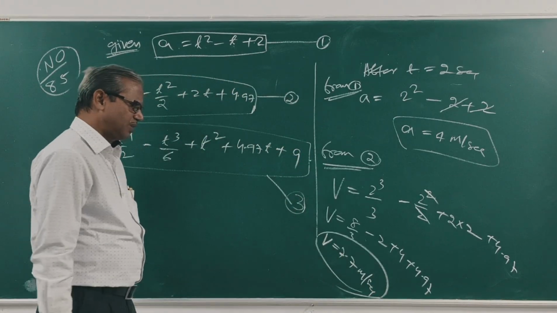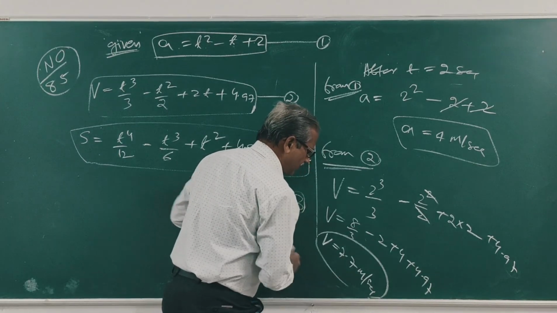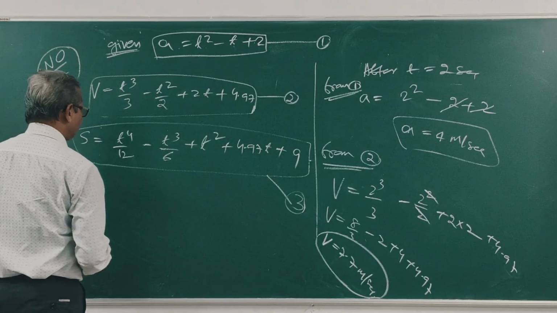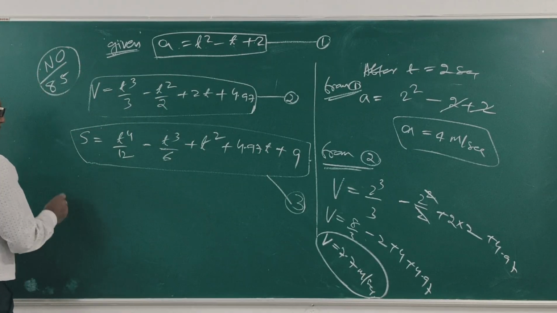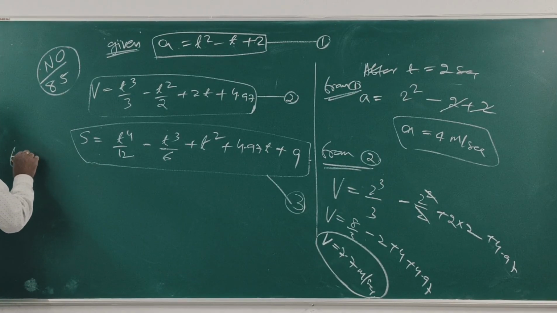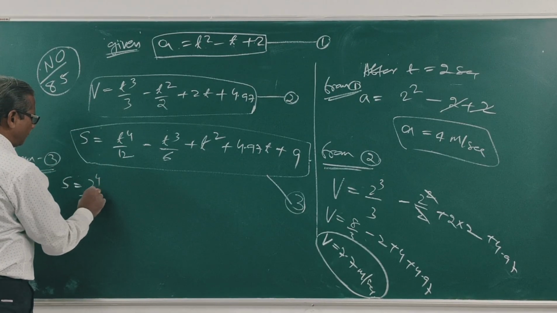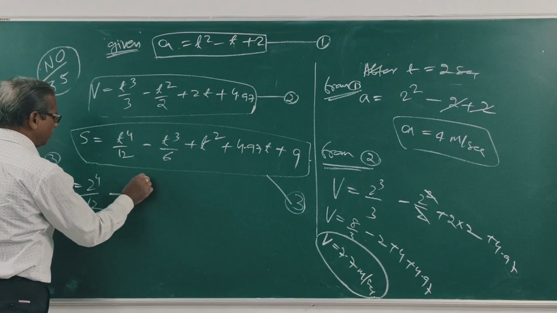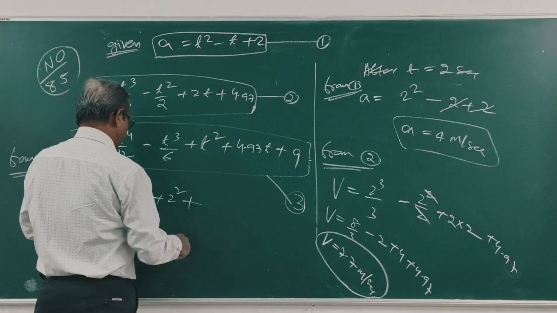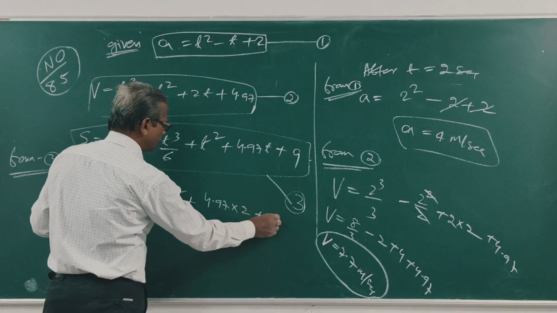Velocity, acceleration. Now, distance travelled, S. Clear? S is equal to, from equation 3, 2 fourth by 12 minus 2 q by 6 plus 2 square plus 4.97 into 2 plus 9.